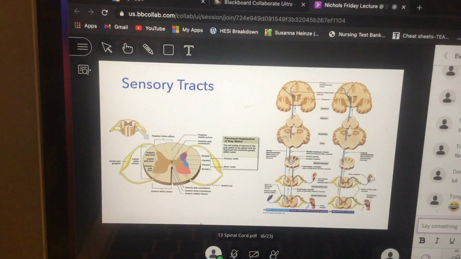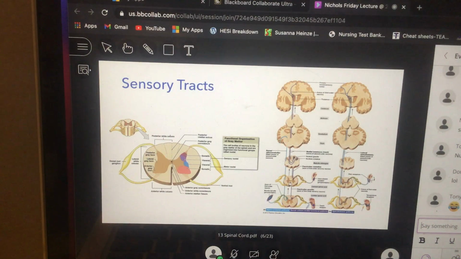But now we get to how the brain gets info from the spinal cord or sends info down the spinal cord, action potentials up or down. First ones we're going to look at are called the sensory tracts. So is sensory in the spinal cord afferent?